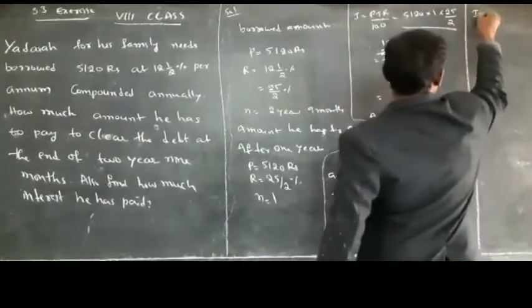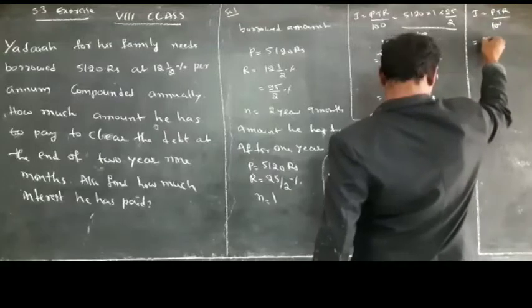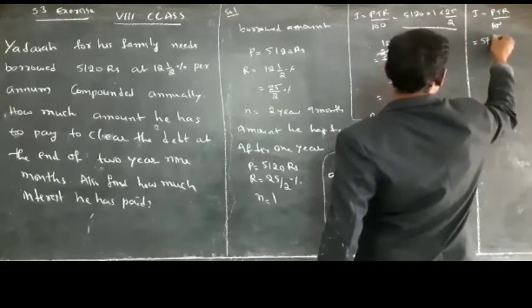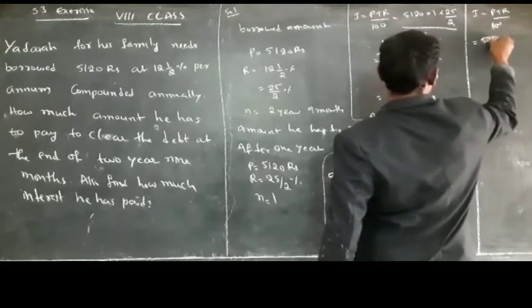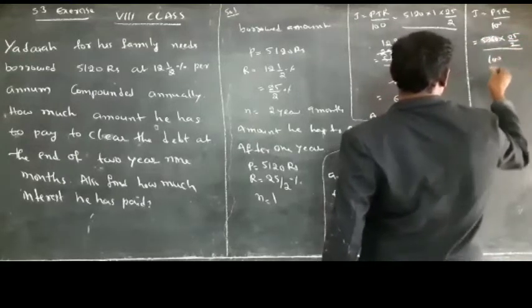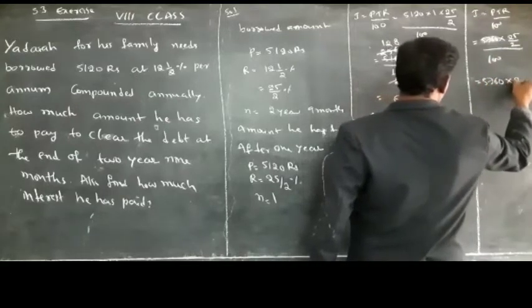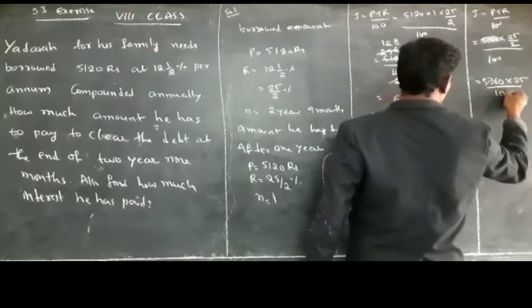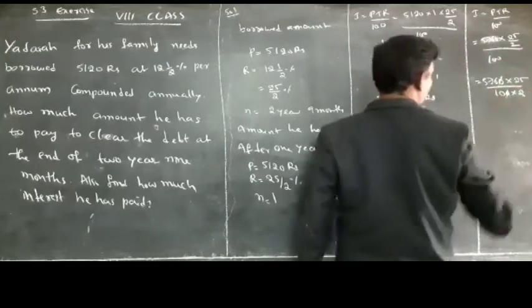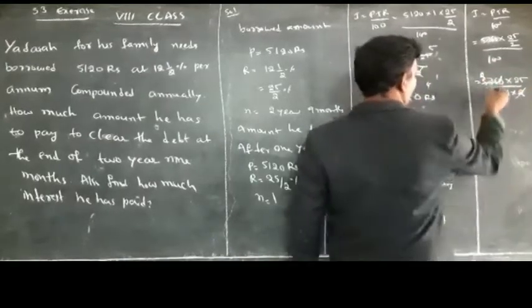Same, I is equal to PTR by 100. P means 5,760 into 25/2 by 100. It means 5,760 into 25 by 100 into 2. 0 gets cancelled. 2 2s are 4.